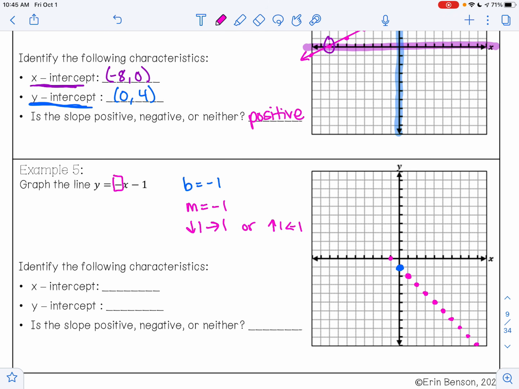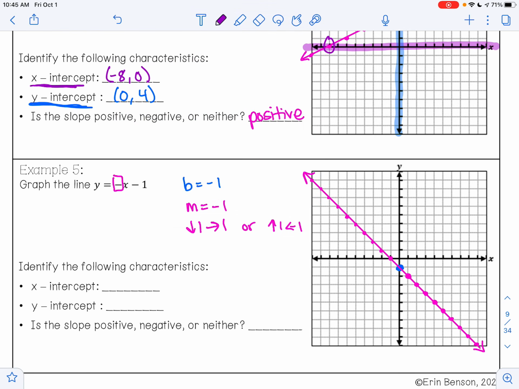And we're going to do that the whole way up our graph. Once we have all of our points, we are going to connect those points in a line. Oops. Remember, lines go on forever, so you must include those arrows.